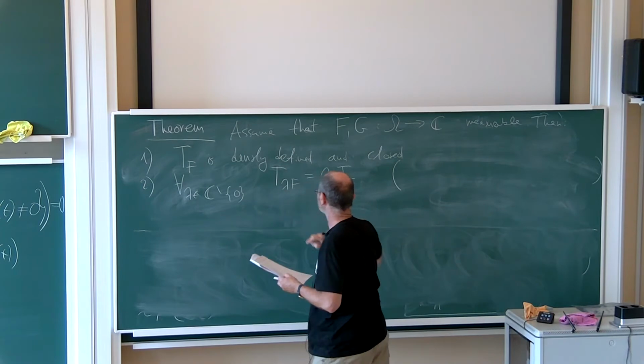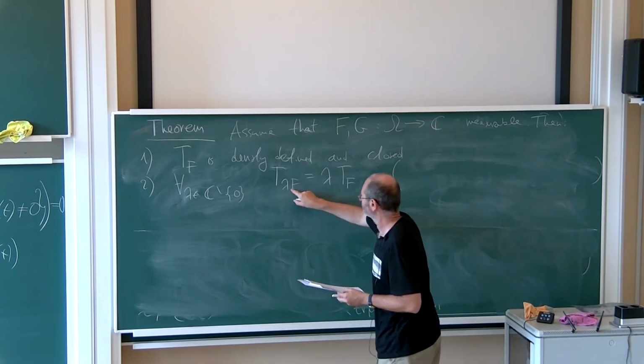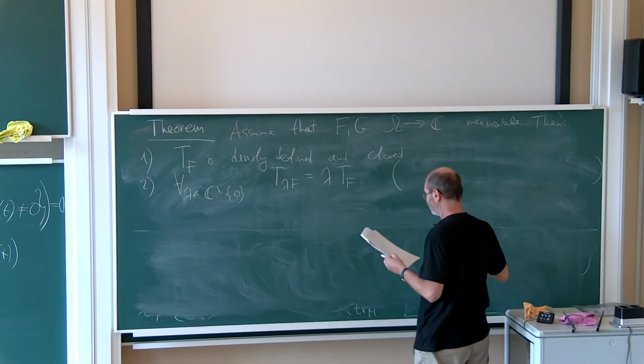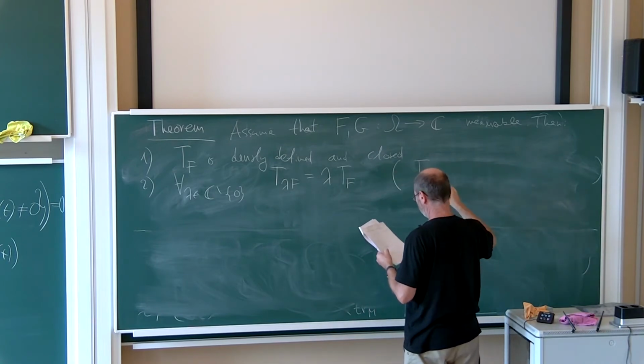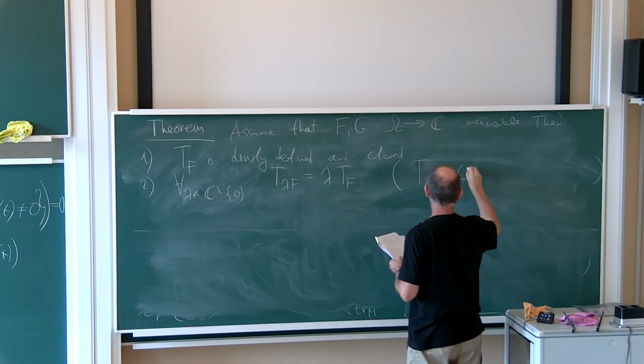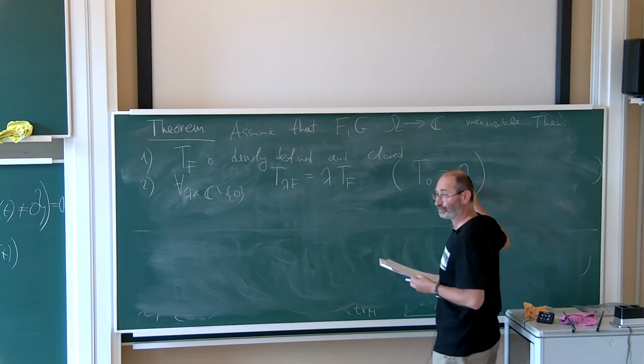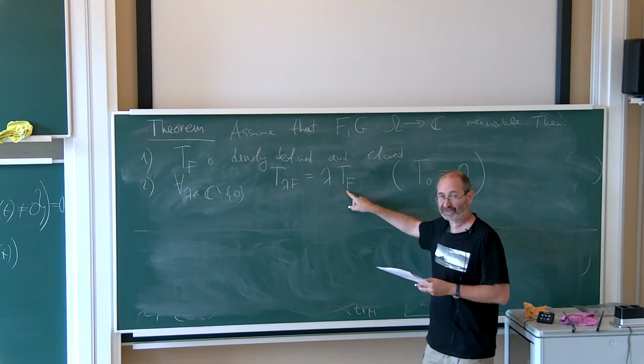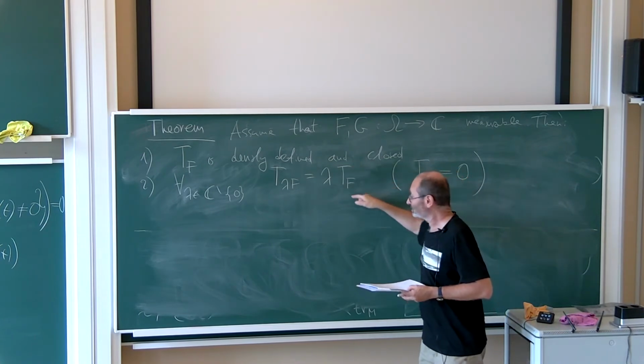For 0 it can be different, because the domain can be different. T of 0 always equals just the zero operator. And 0 times Tf is sometimes defined only on the domain of this operator.